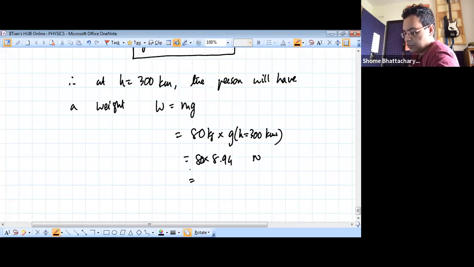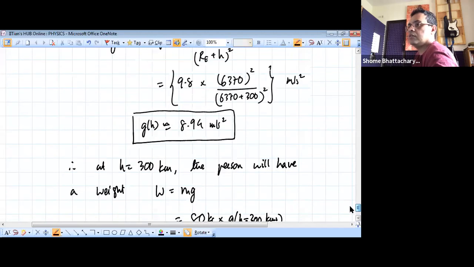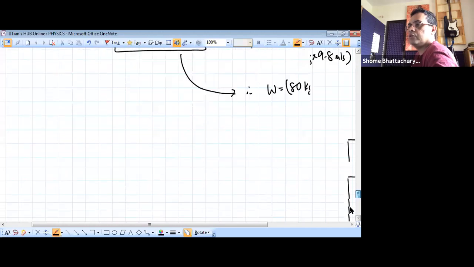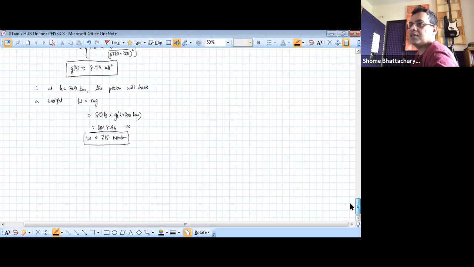His weight would have decreased to about 715 newtons, whereas on the surface of the earth the weight was 784 newtons. So it has gone down from 784 to this much. But keep in mind here that the mass is independent of height.